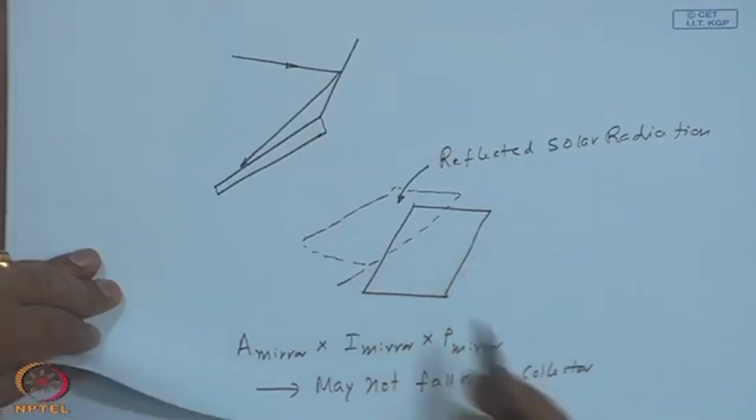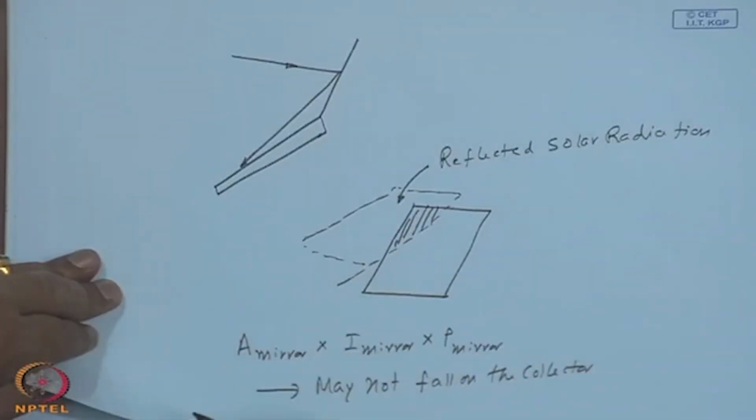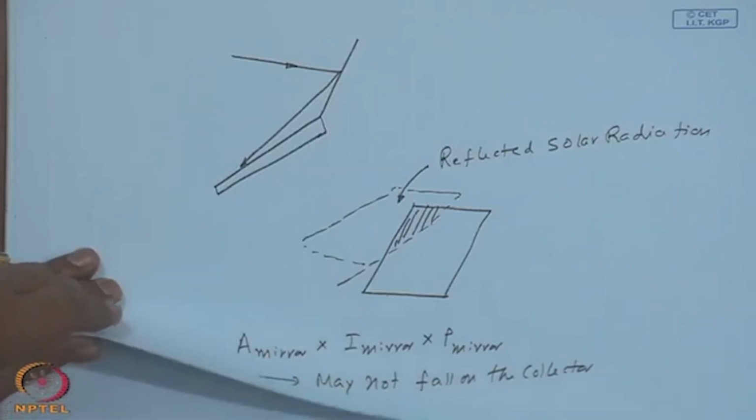boosters. This is now, in this case, the only area that is getting an enhanced solar radiation because of mirror's reflection. This is in general may be considered as a beginning of concentration. In other words, we are trying to have a higher intensity of solar radiation on the collector surface by reflecting onto it from another area.